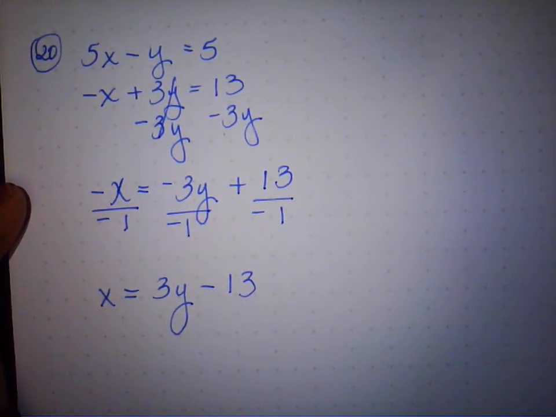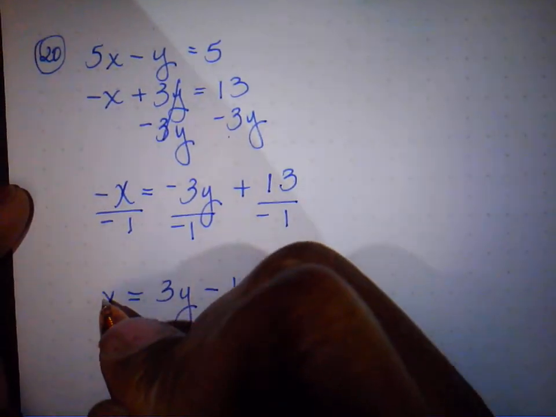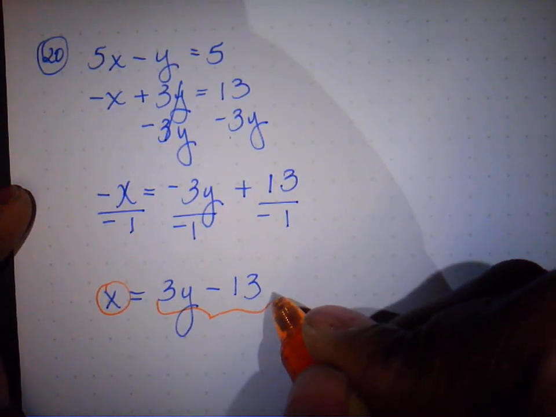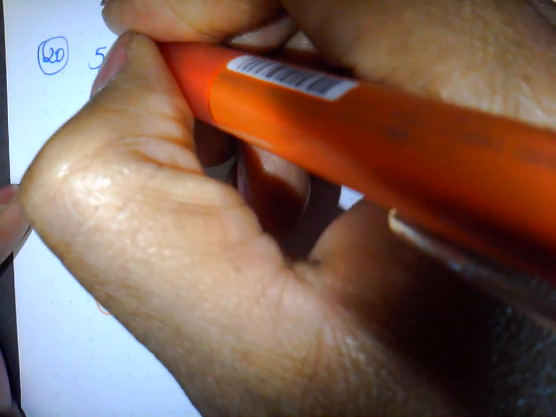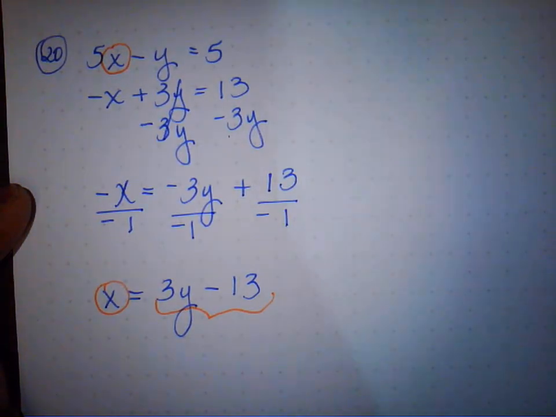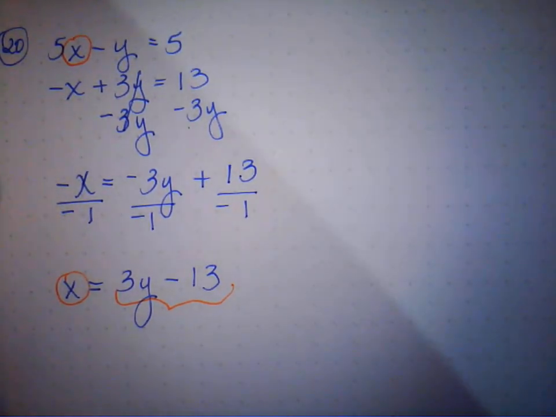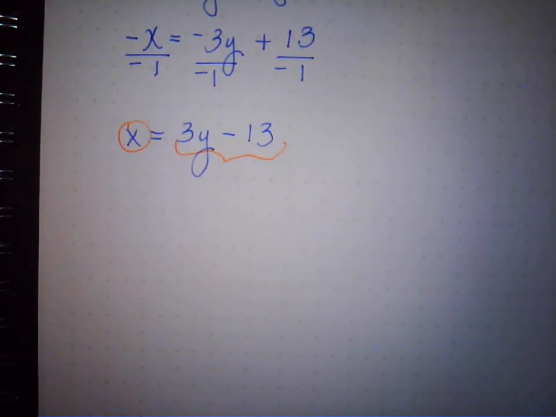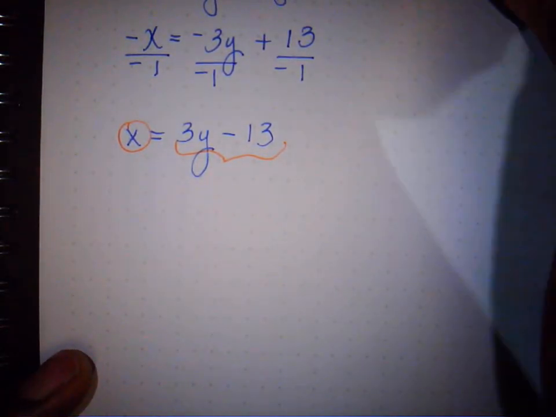So that means in the first equation, everywhere I see an x, I'm going to replace it with what? Absolutely. There's my x right there. So let's come out to the side.